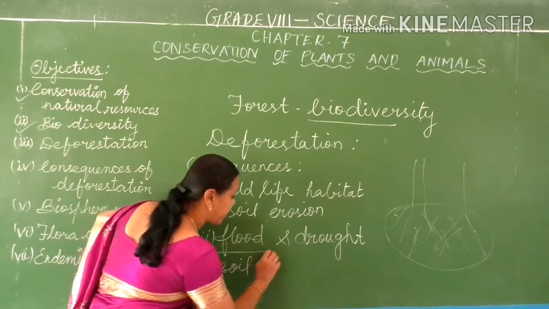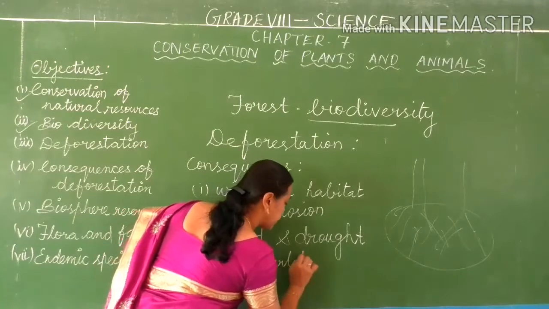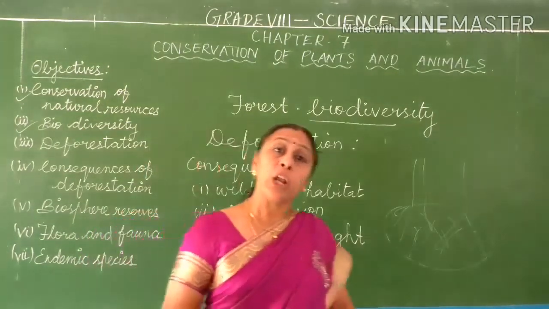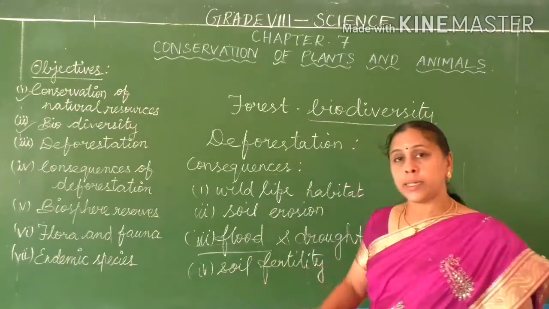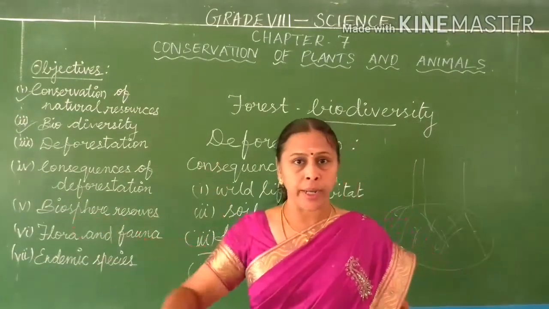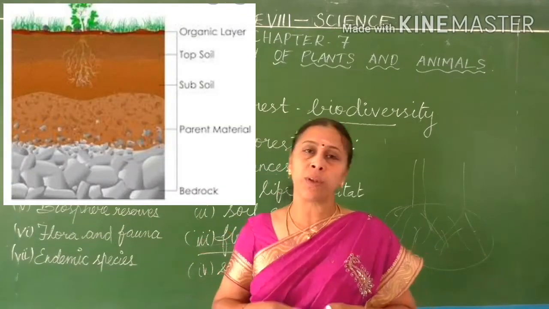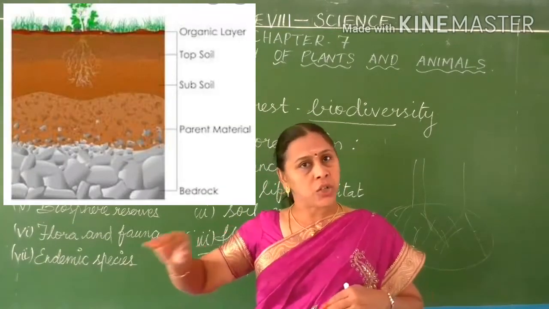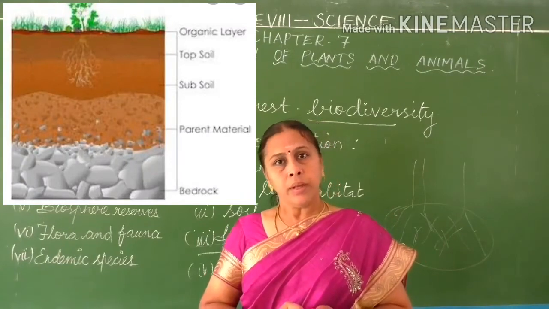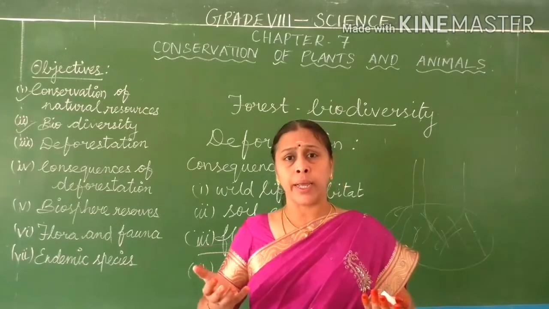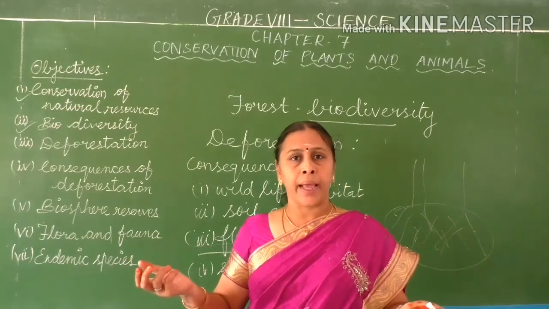Soil fertility will also be affected. Only the top layer has the nutrients and the humus, and good vegetation will be seen. Is it not? If the top layer is eroded, what will happen? Naturally, no vegetation will be there.